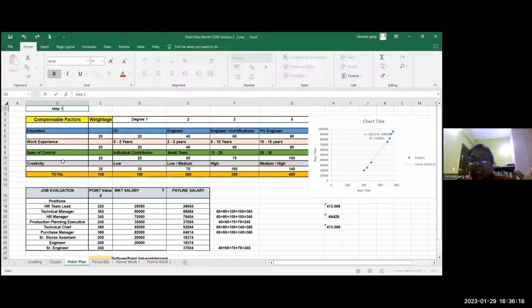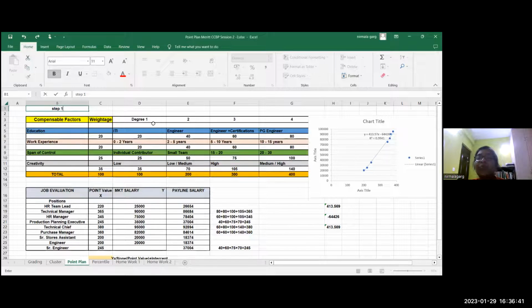Don't have degrees of differentiation to the extent of 10 or 15 because then it becomes very, very complex. Typically, you must have not more than 6. So here I have given 4 degrees. Degree 1, you can also call them levels or scales. But typically when you're doing a point plan, the exact word in any book is degrees of differentiation.